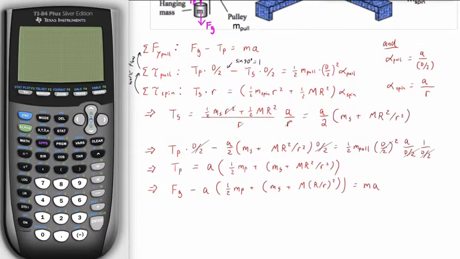Okay, and so then solving for the acceleration, let's put all the acceleration terms on one side and divide them out. Okay, so I'm going to have acceleration, and then I'm going to use brackets because I have so many things at this point.